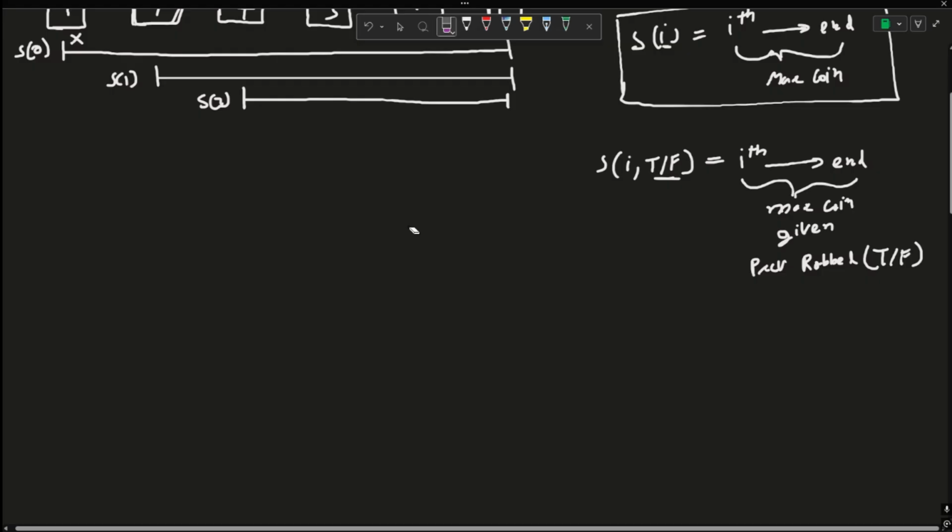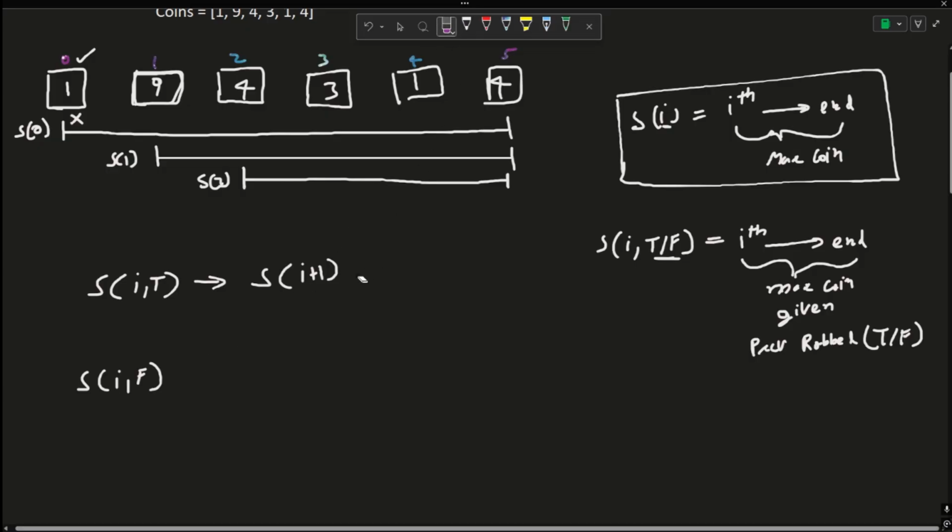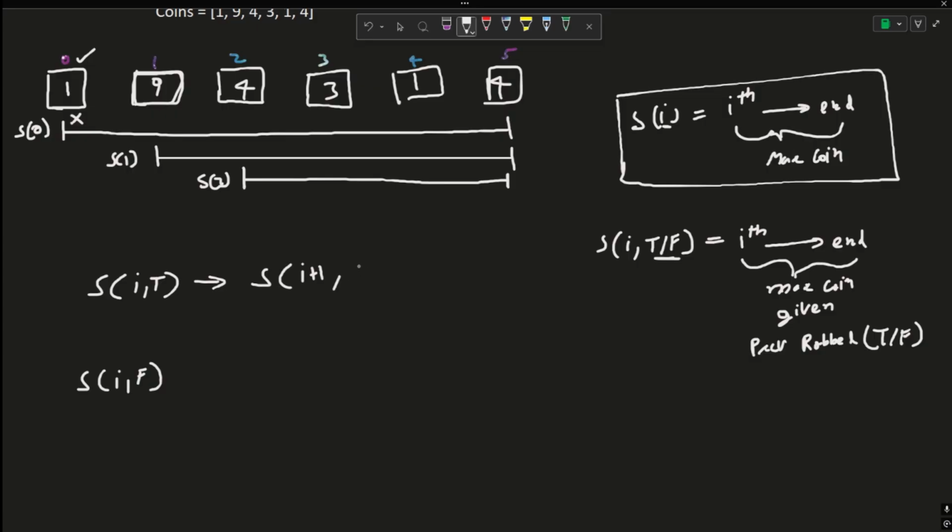Okay, so our final state would be like this: si of t or si of f. Si of t would be s of i plus 1. We have robbed the previous house, so we cannot rob the current house, so i plus 1 comma false, we are not robbing the current house.